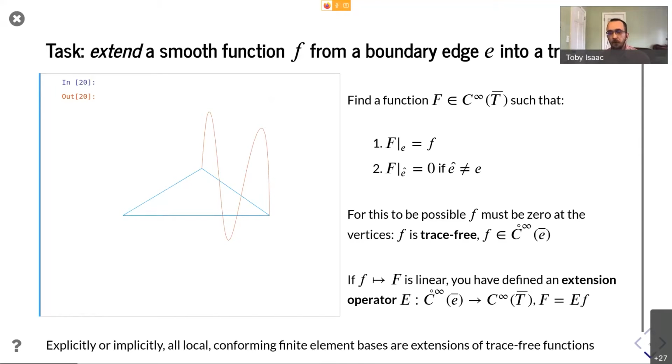We probably don't think of hat functions that way, but that's one way to phrase them. And that's what all of the various bubble functions that we use in higher order scalar finite elements are. So these operators, the trace-free construction and the extension operator, are lurking in a lot of finite element analysis.